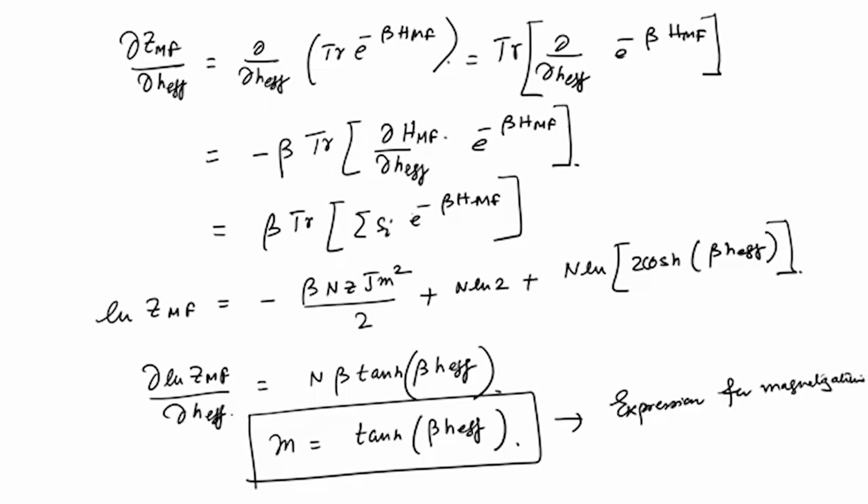It is important because if M is non-zero, we have a ferromagnetic phase, and if M is 0, then we have the paramagnetic phase. And this H effective, do not miss that this is a combination of the actual H, that is the externally applied field, and a ZJM. Okay. So, this H effective is a combination of that.